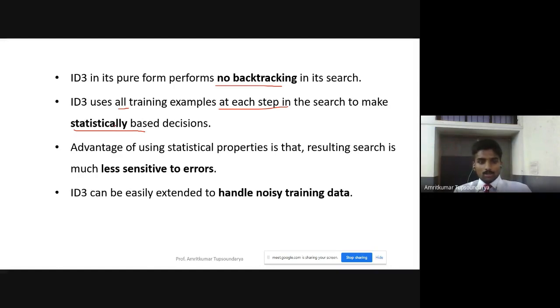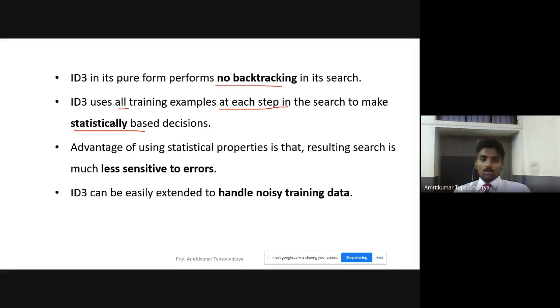In contrast, the ID3 algorithm allows us to use training data sets where we have minor errors, not major errors, or even if the data is missing.